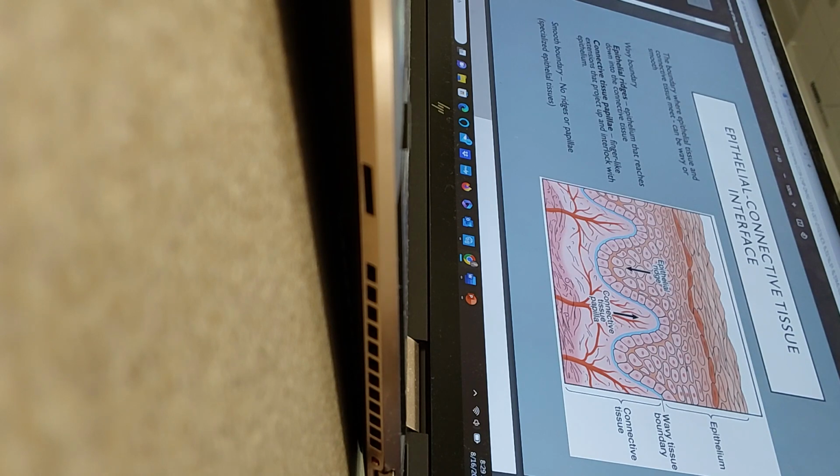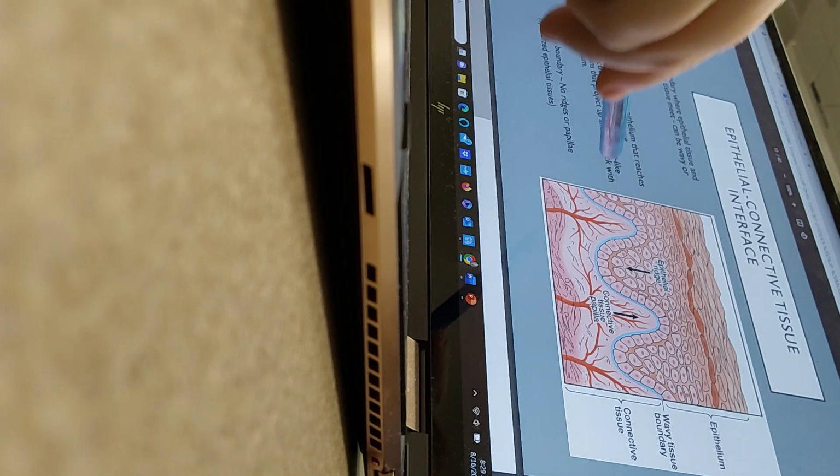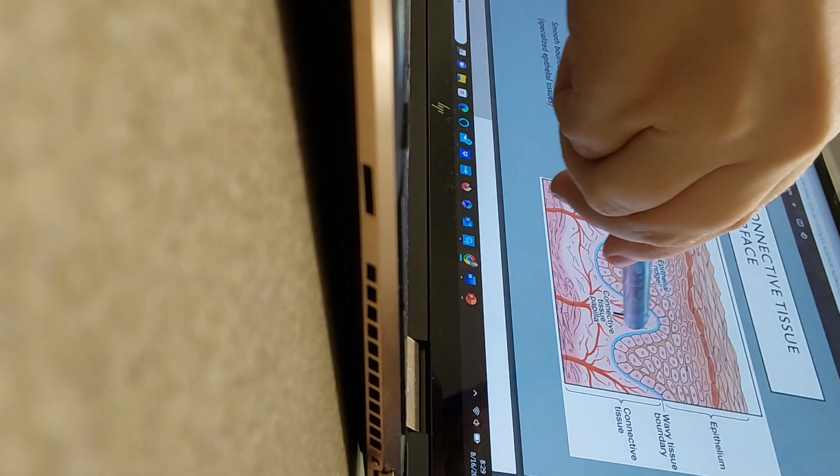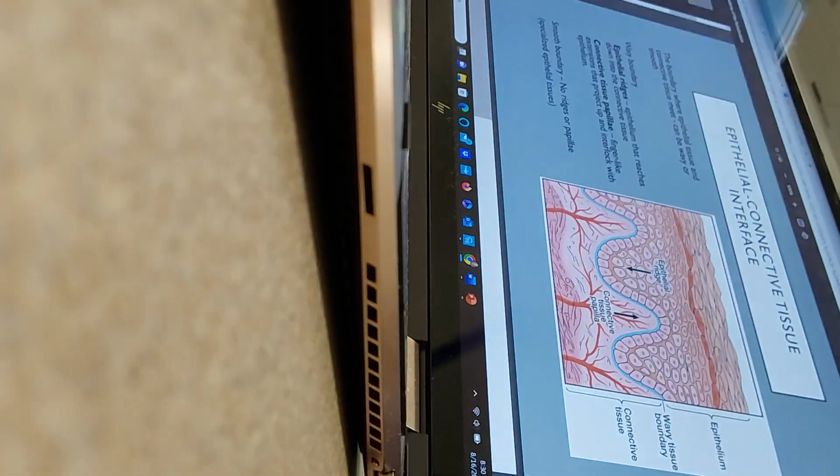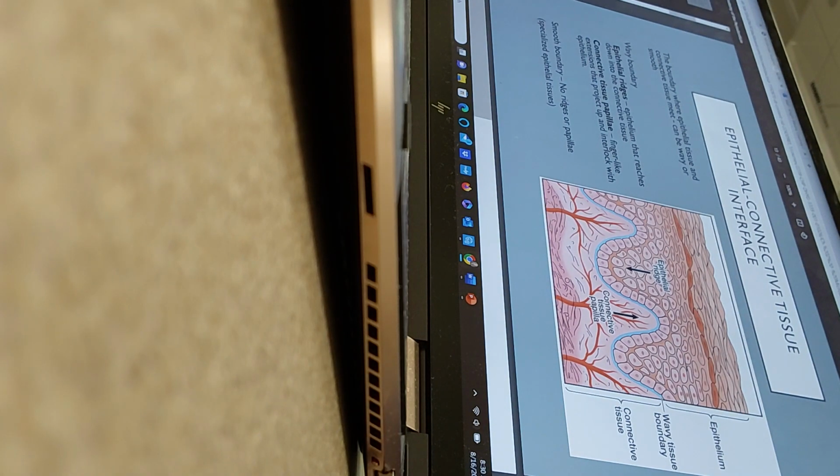Can be wavy or smooth. Well, that's on the next slide. Pay attention here to what we term these, okay? So we have these little peaks and valleys, right? So where the epithelial tissue reaches down into the connective tissue, it's called an epithelial ridge, okay?